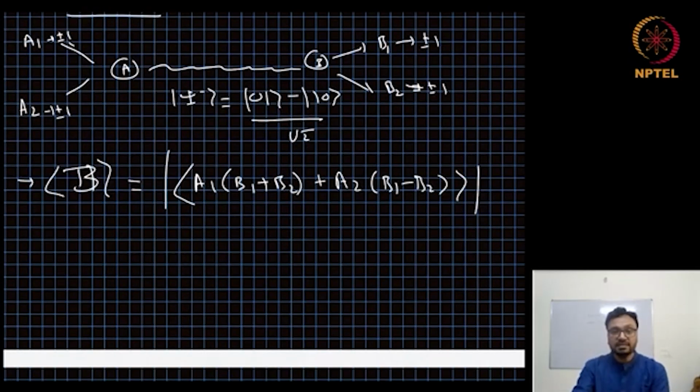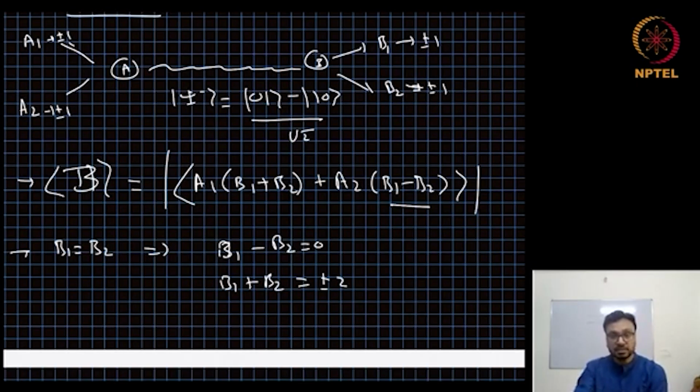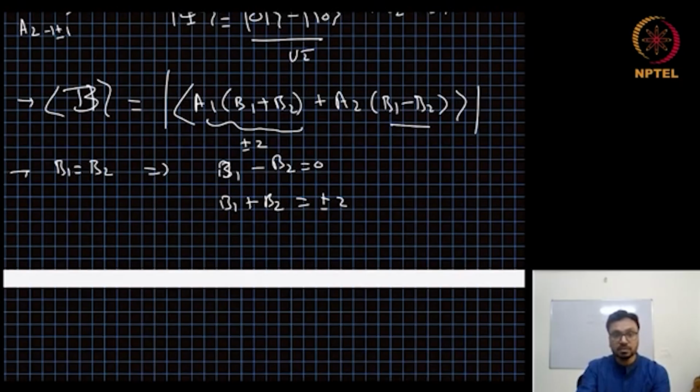Now we see that if B1 equals B2, then the B1 minus B2 term will be 0. But B1 plus B2 will be plus or minus 2, and A1 can be plus 1 or minus 1. So this quantity is plus or minus 2. When we take the average over it, it will be less than plus or minus 2. Then we take the mod, so it will be less than 2. So this implies that the mod of B is less than or equal to 2.